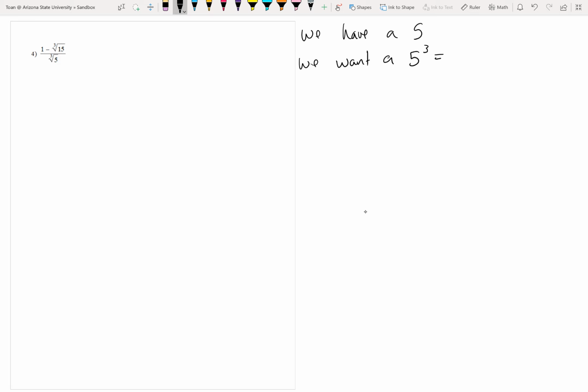We want an exponent of 3, which is just 5 times 5 times 5. Now this is not meant to be a hard question, but we've already said we have one of those 5s, right? So is it obvious to everyone that we need 5 times 5 to complete the triple? Or in other words, we need a 5 squared. So that's what we're going to multiply by. We're going to multiply by 5 squared.